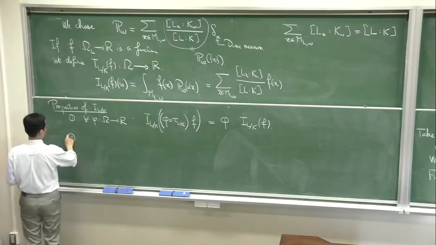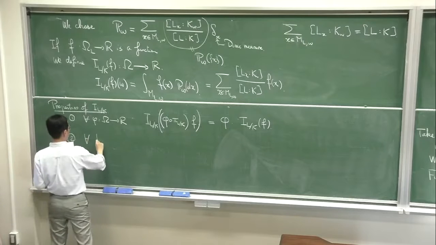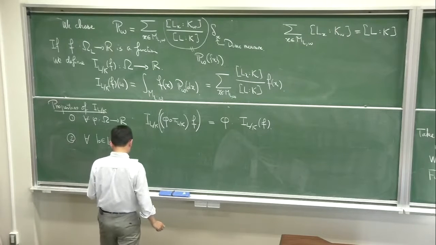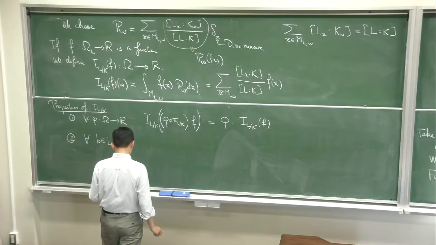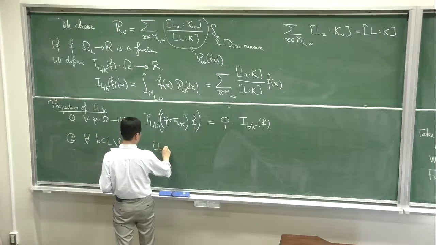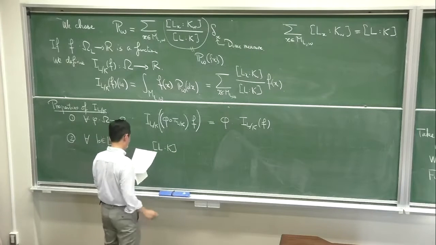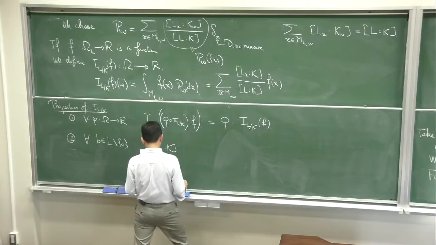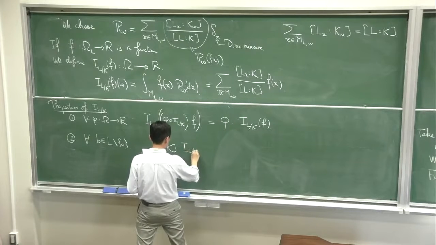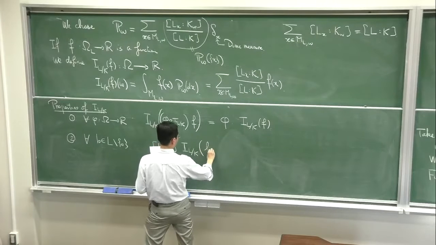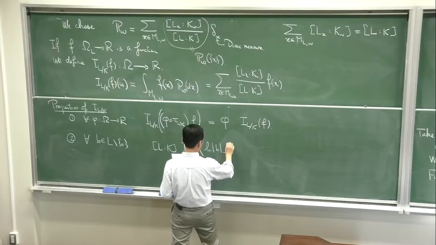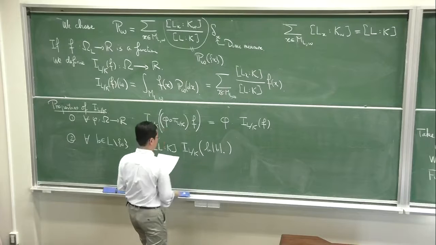And also, for b in L, if we choose nonzero, and take the dimension of L over K, multiplied by I_{L/K} of the function log of the absolute value of b at the point x, here the variable is x.